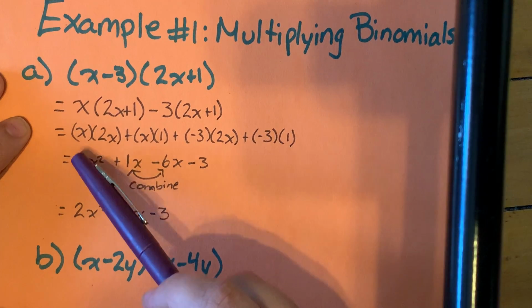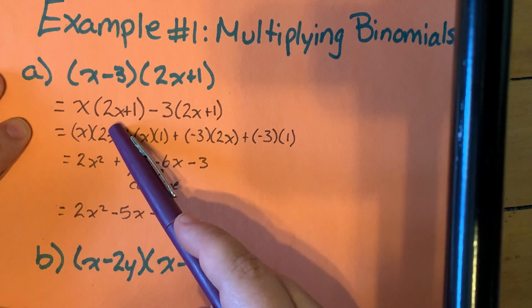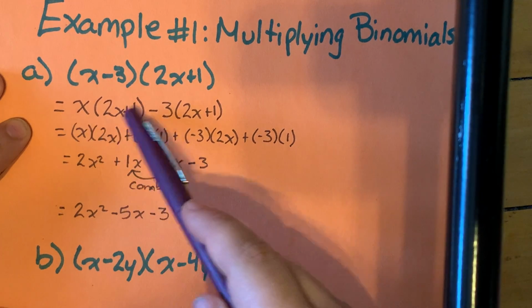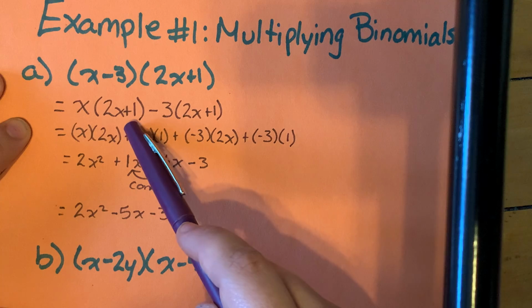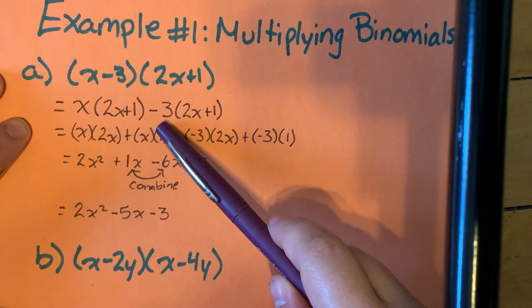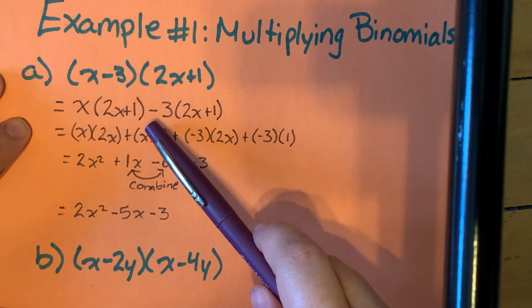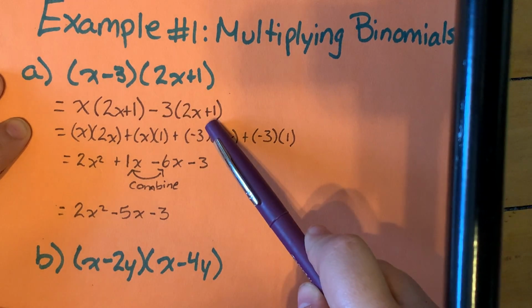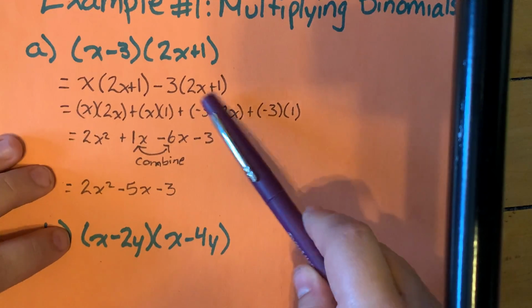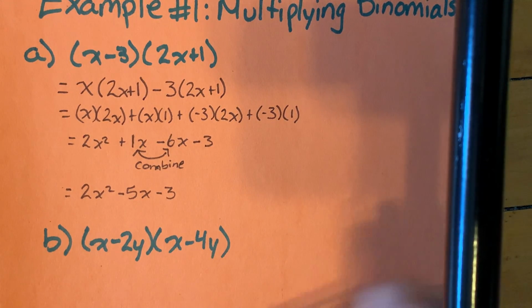Now here we're going to go x times 2x, x times 1, and we're adding since this is a positive. Then we have negative 3 times 2x plus negative 3 times 1. Now all you're going to do is multiply these together.